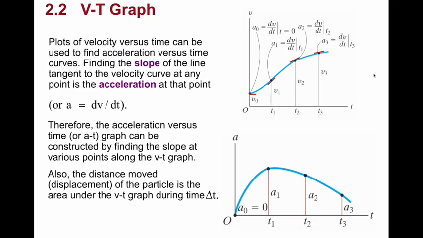If I now have the v-t graph and I want to find the acceleration, I just differentiate that velocity function, which is again the slope of the curve. If I start drawing lines in that graph and differentiating over the time intervals, I can find all the points in my a-t graph.